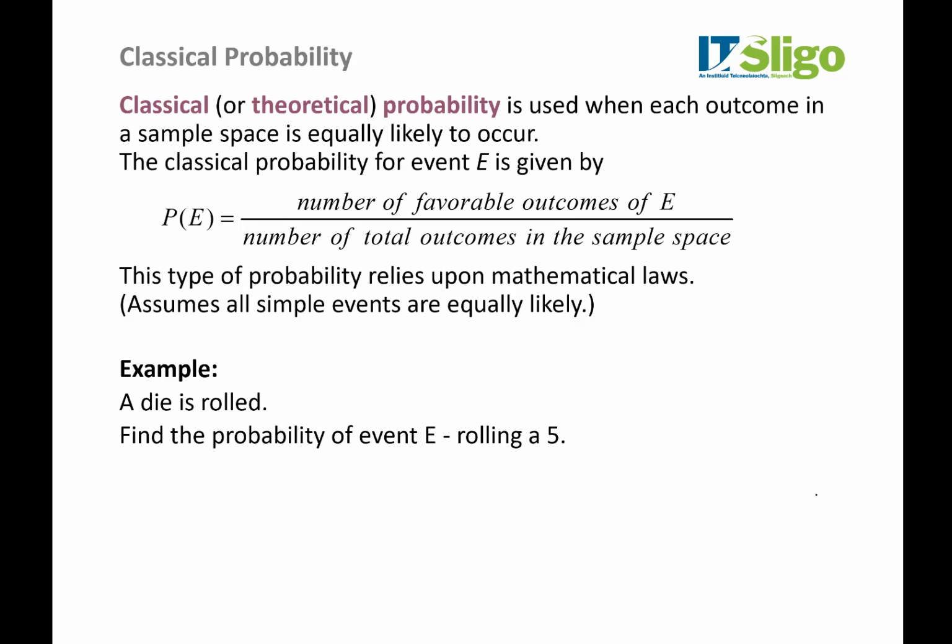We could talk about pulling a card. What's the probability that you draw a card from a normal deck of cards? There are 52 cards in a normal deck. What's the probability of drawing a 2? There are 4 2s. So the probability of drawing a 2 is 1/13.